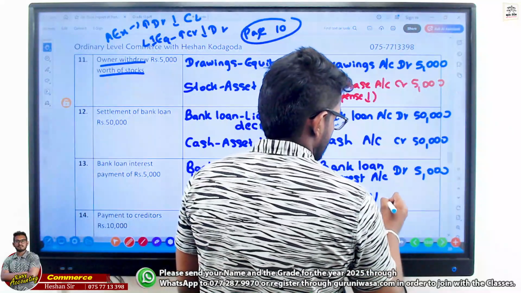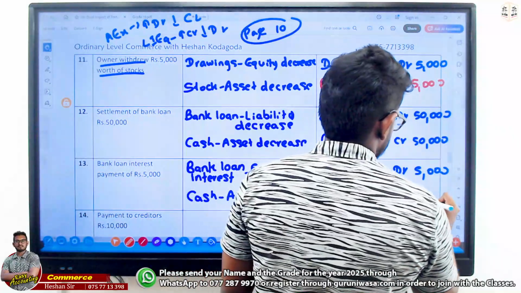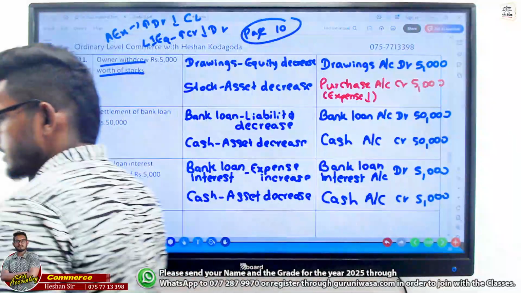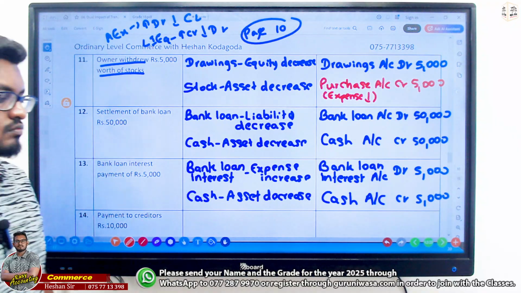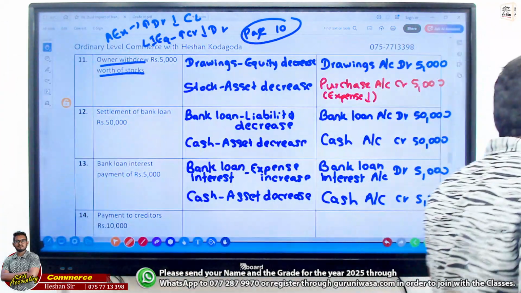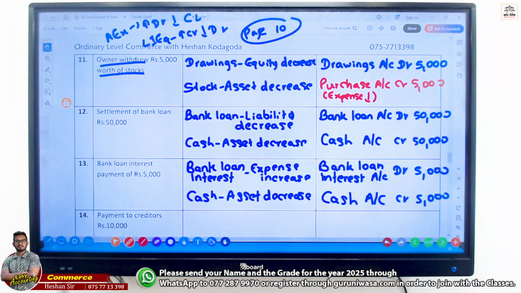Cash account credit 5,000. Finish up to here and raise your hand. If you miss something, let me know, I'll show you.